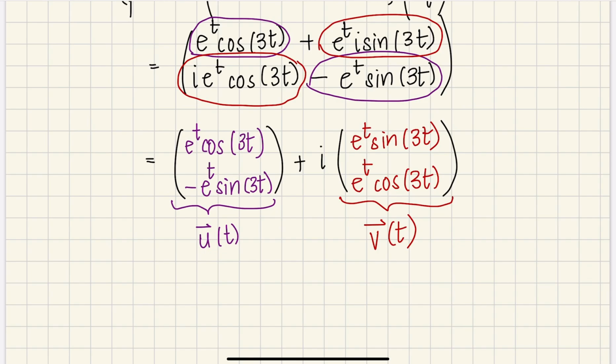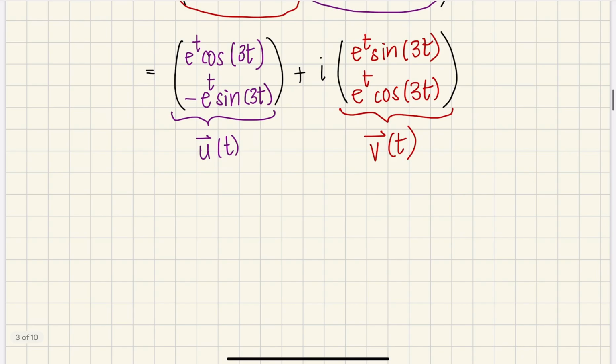Then, if I substitute u and v in for this and this, I get x1 is equal to u of t plus i v of t.